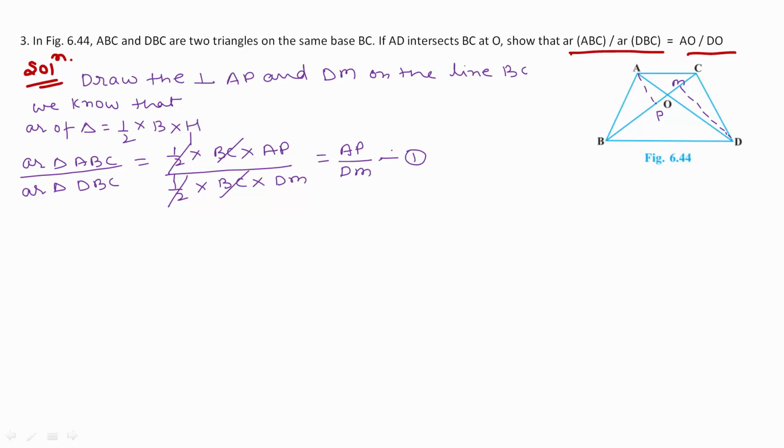Now see the triangles APO and DMO. In triangle APO and triangle DMO, angle APO is equal to angle DMO, each 90 degrees.